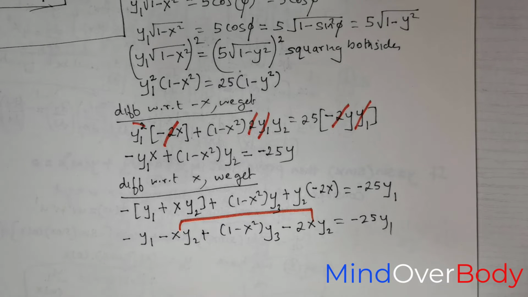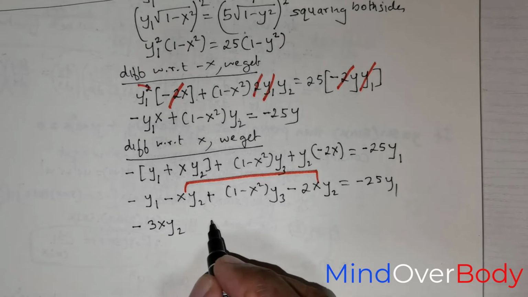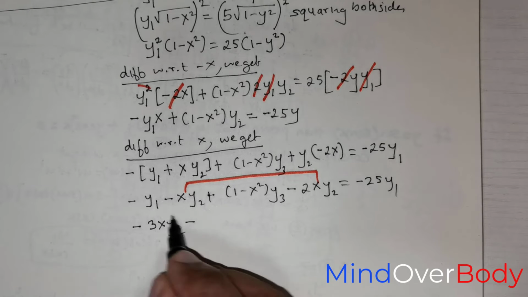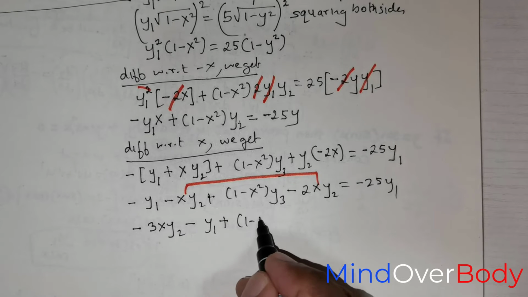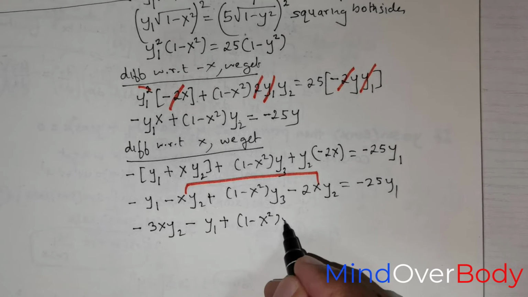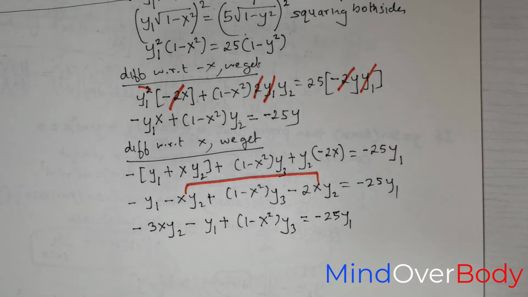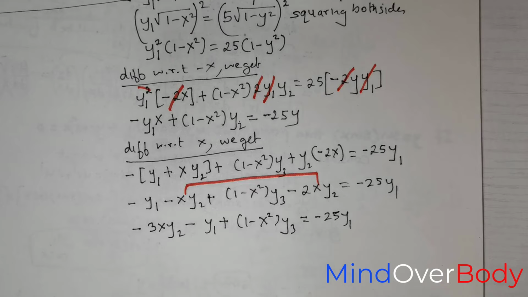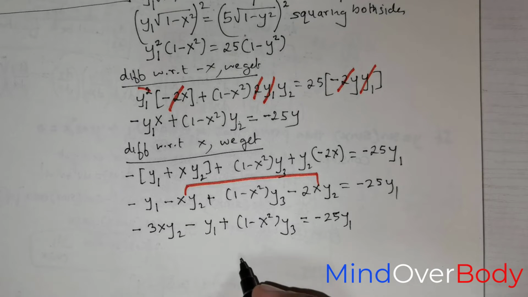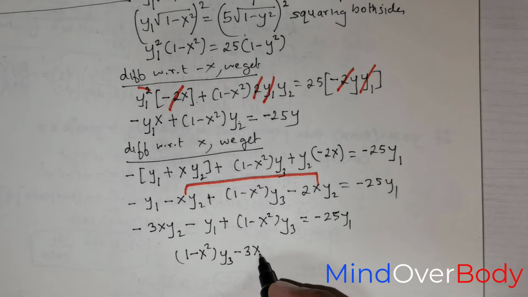So if I were to add them together, I would get negative 3 times x y2, and then I have y1 here, so let me place this, followed by 1 minus x squared times y3 is equal to negative 25 y1. So now we can actually club these two together, right? Negative 25 y1 and negative y1. So what I'm going to do, I'm going to retain this 1 minus x squared times y3, and then I will place negative 3 times x y2.